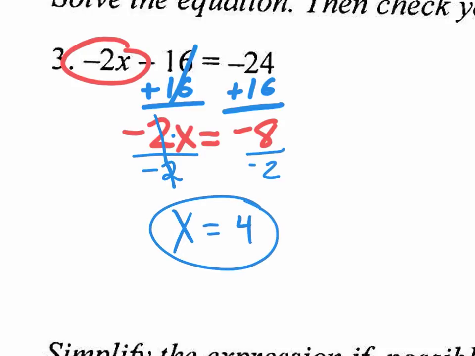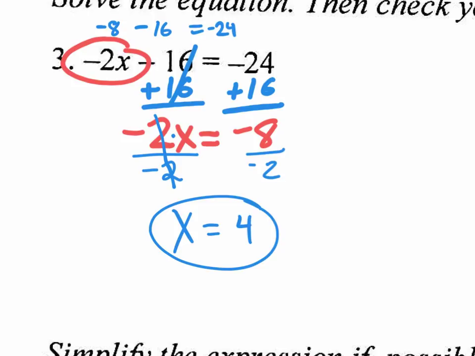Now the instructions do say check your solution. Of course, there's no way of verifying whether you check it or not. So what do they mean by checking your solution? If you take that 4 and you put it right there and you do the math, negative 2 times 4, that's negative 8. So if you have time left over on your midterm, go ahead and do negative 2 times 4, that's negative 8, and then minus 16, and then verify that it actually gives you a negative 24.